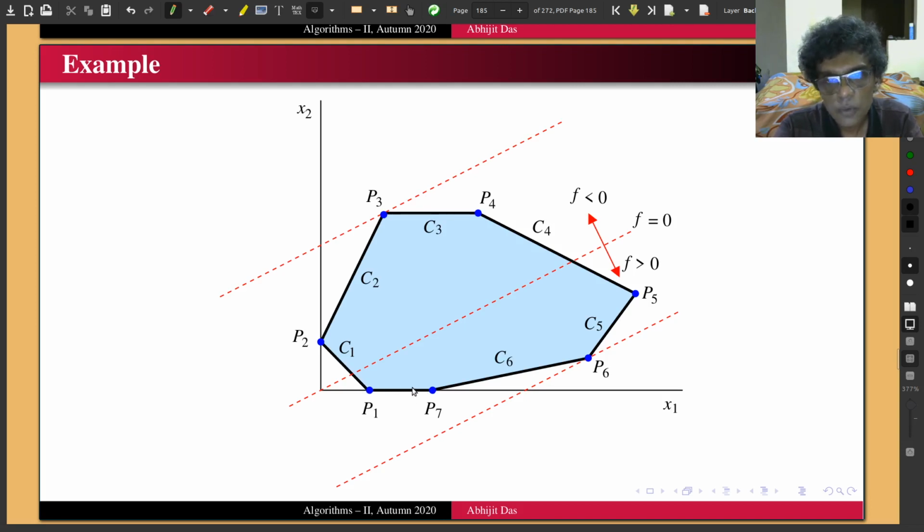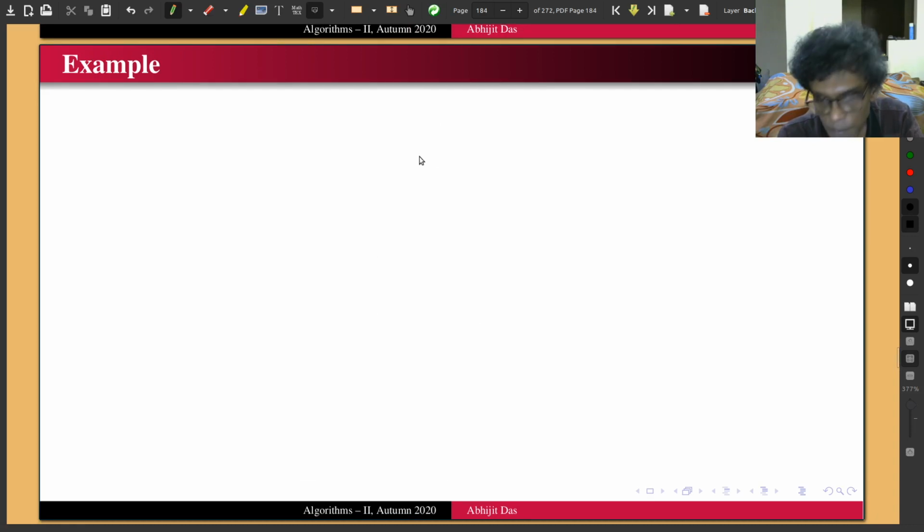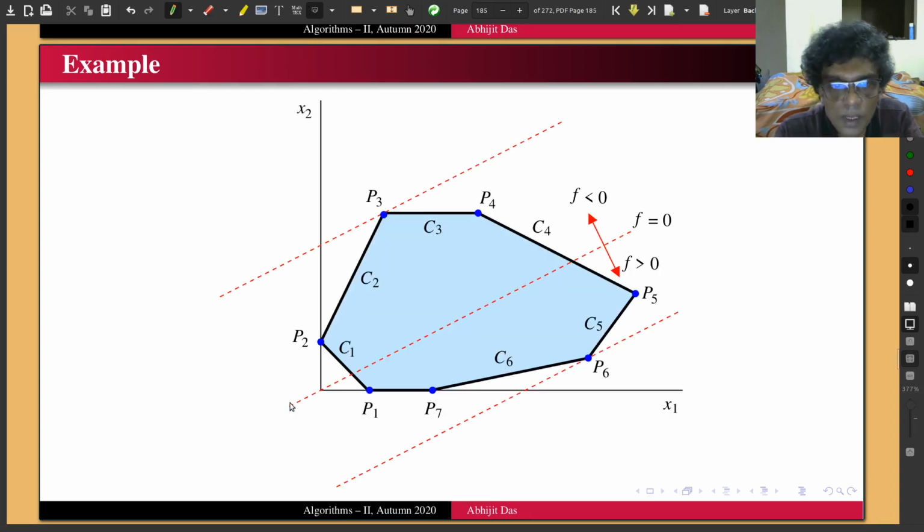Yeah, that's true. And recall that this is our objective that we want to minimize or maximize, x1 minus 2x2. So if I put that equal to 0, x1 minus 2x2 equal to 0, I get this line. This is f equal to 0.